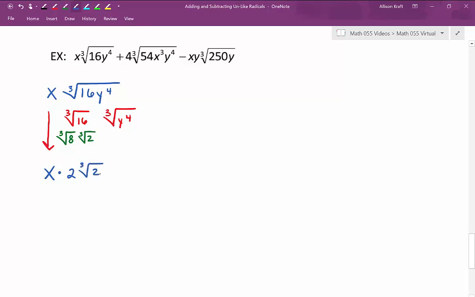Then we have the cube root of 2, and we want to simplify our variable, index dividing into our exponent. 3 goes into 4 one time with a remainder of 1, so we get y cube root of y. Let's clean this up. Everything on the outside together, 2xy, everything underneath one radical, cube root of 2y.